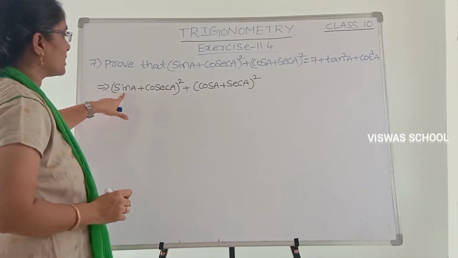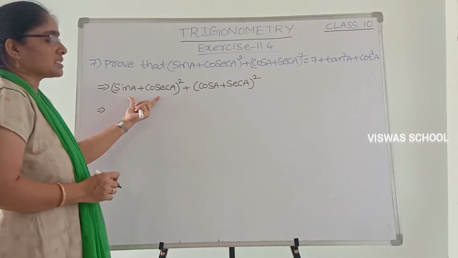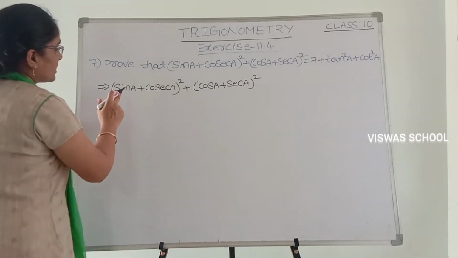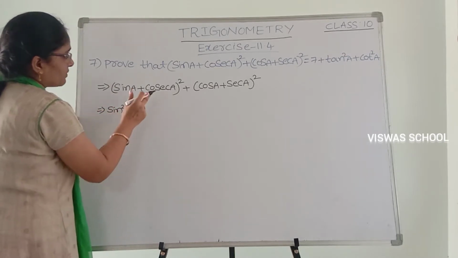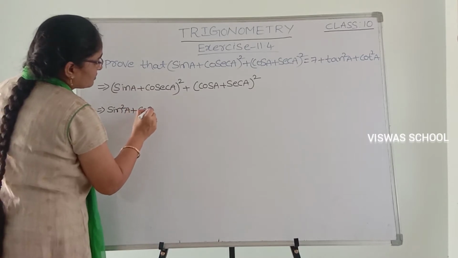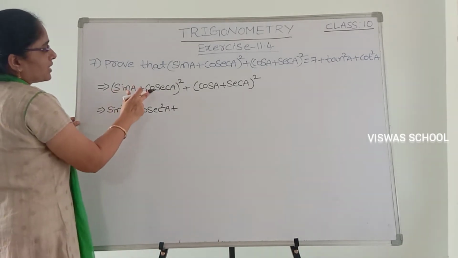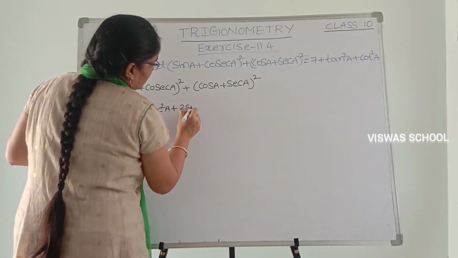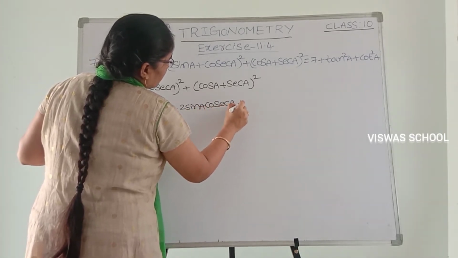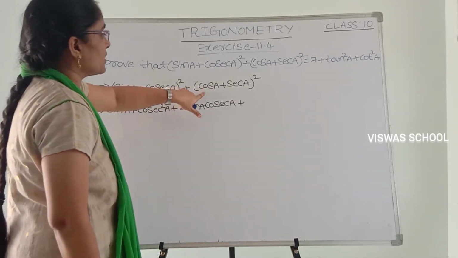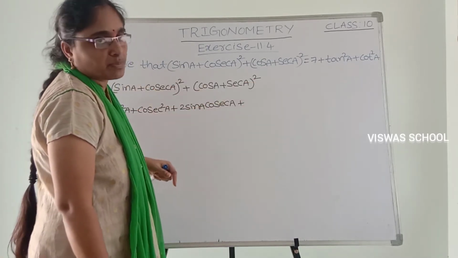Once you see, this is in the form of (A plus B) whole square. (A plus B) whole square means A square plus B square plus 2AB. That is, first A square means sin square A plus B square, that is cosecant square A, plus 2AB, 2 into sin A into cosecant A. And here it is (cos A plus secant A) whole square, again in the form (A plus B) whole square.